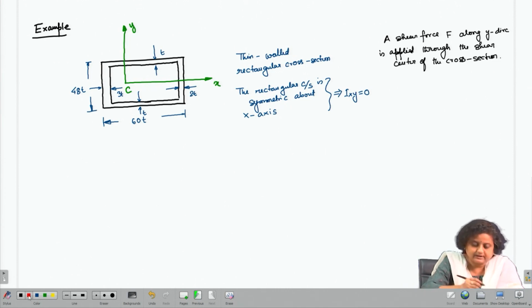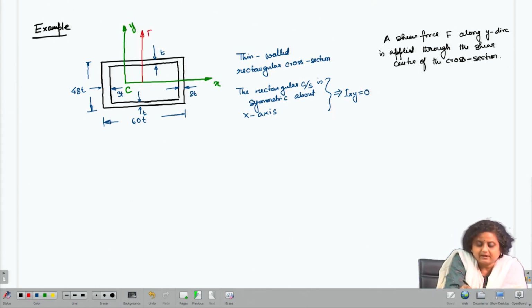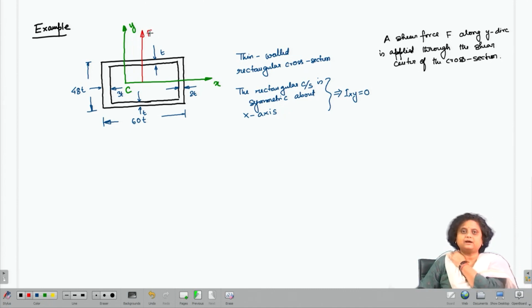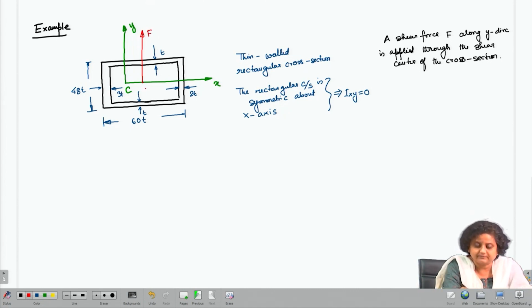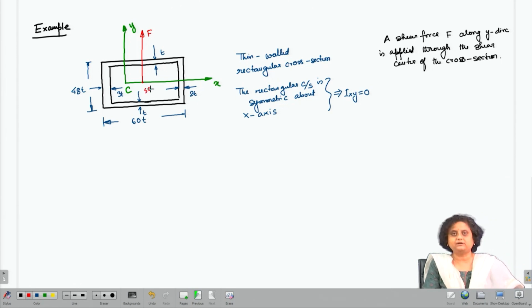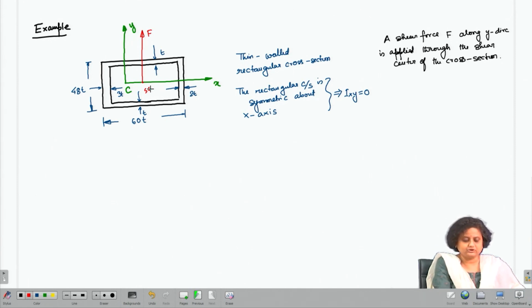So, what does it say? A shear force F along y direction is applied through the shear center. So, this is probably the shear center. We do not know the location of the shear center, but because of the symmetry we know that the shear center has to lie on the x axis, and therefore, let us assume that this is the shear center and the shear force F is acting through the shear center.